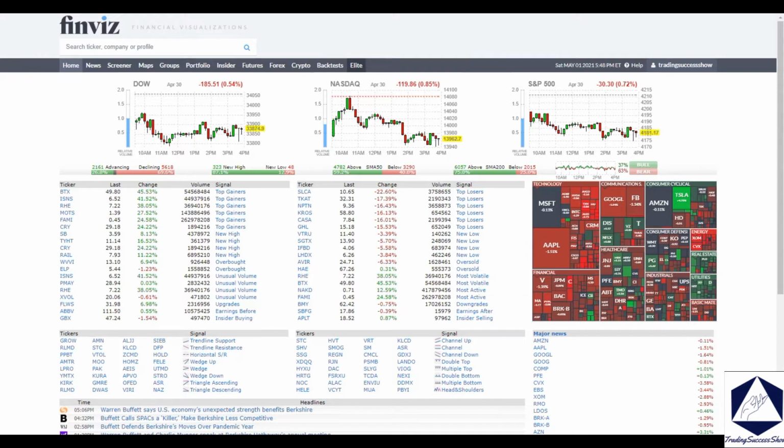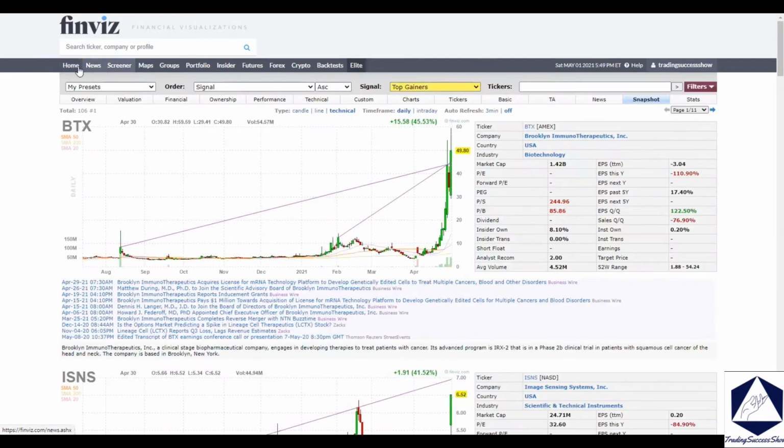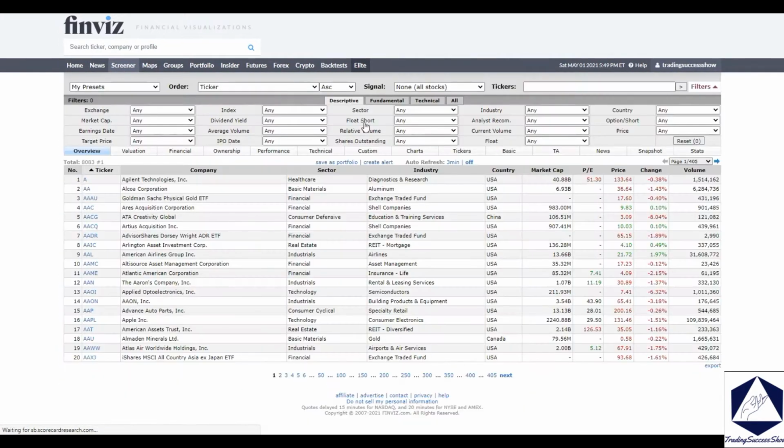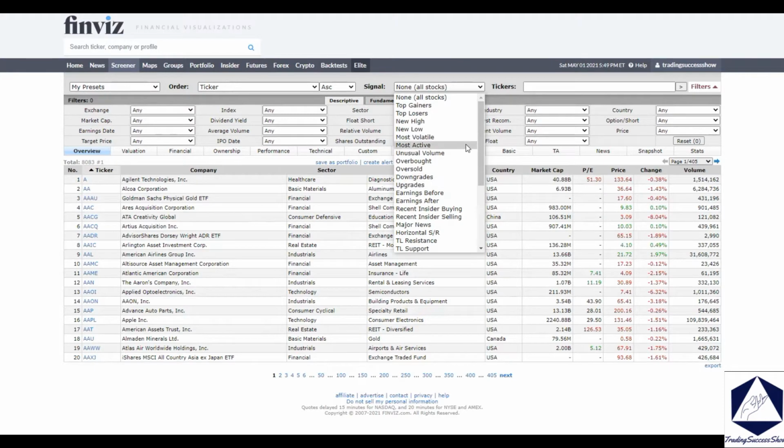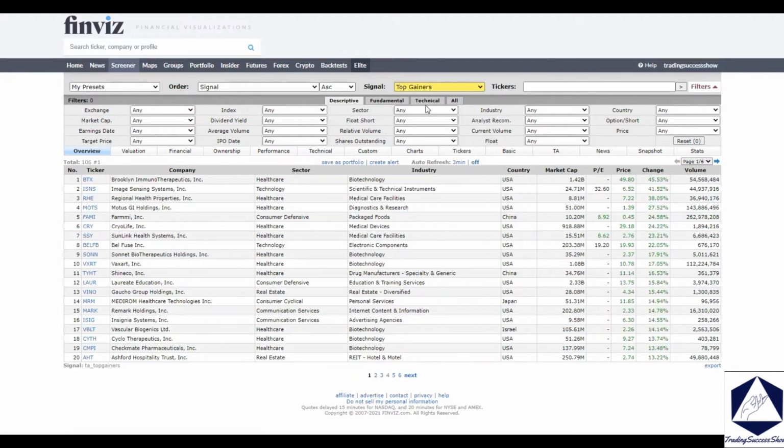What we're going to be looking for is top gainers. You can look for top gainers just by going into the home screen of Finviz, or you can go into the screener, and on the signal side you see top gainers, which is this one right here. So there are two ways you can go about it.